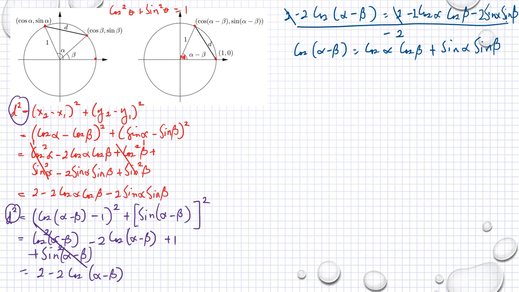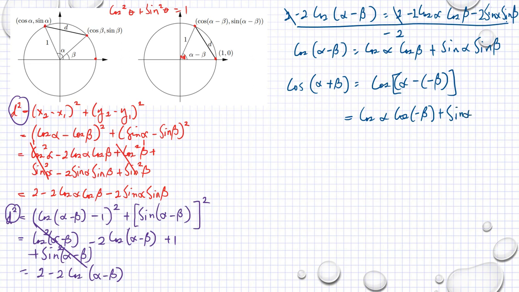How about cosine of alpha plus beta? That is the same as cosine of alpha minus negative beta. If we follow what we have here, we have cosine alpha cosine negative beta plus sine alpha sine negative beta.